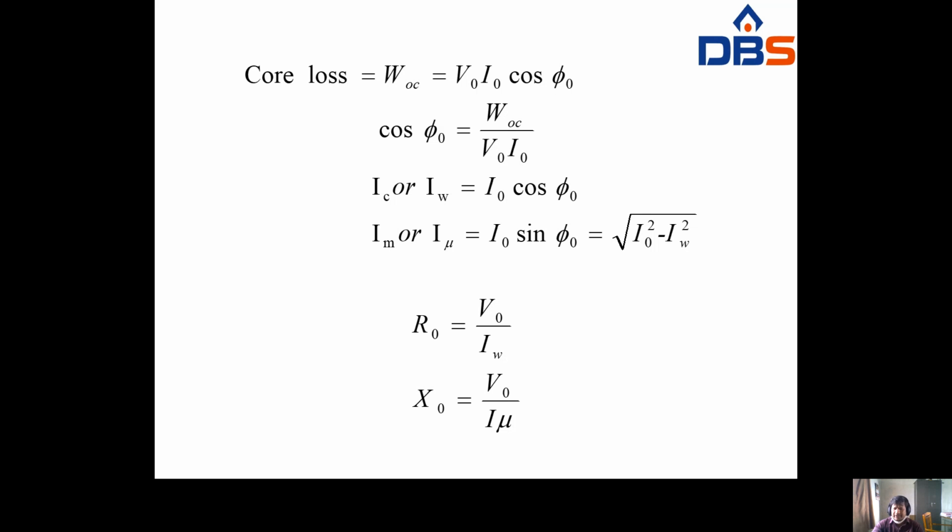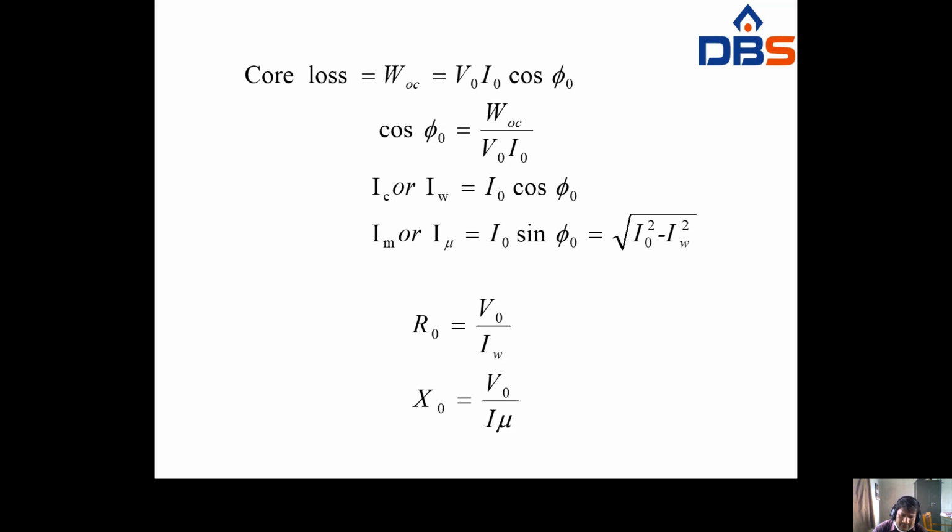From the no load power factor, we determine the wattful component of the no load current, I w, which is I naught cos phi naught, and the magnetizing current I mu, which is I naught sin phi naught.